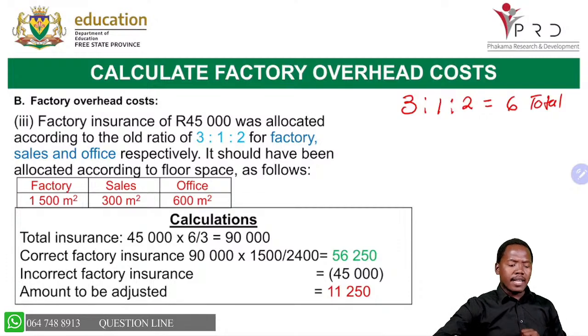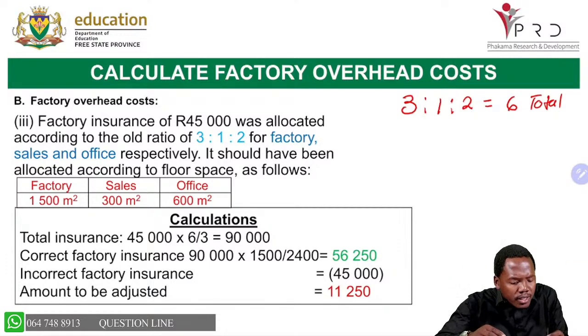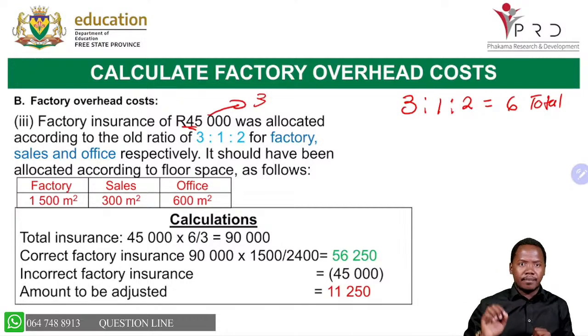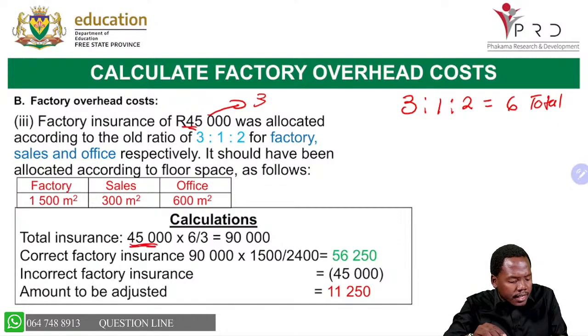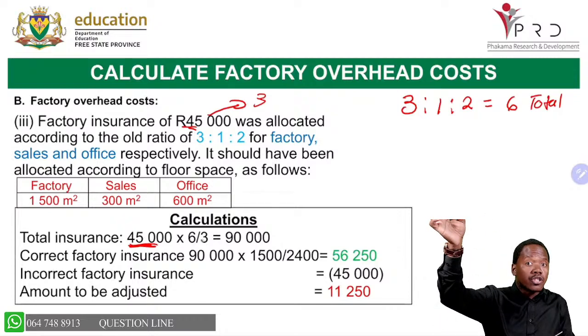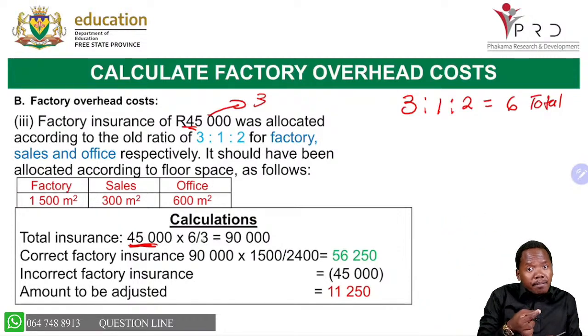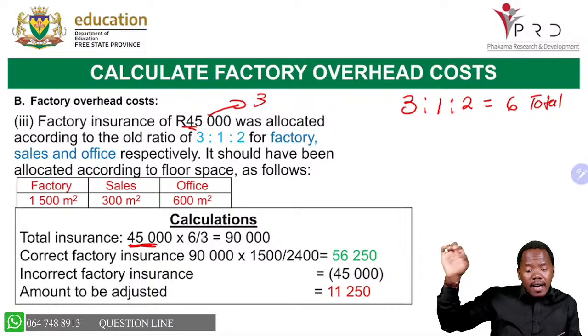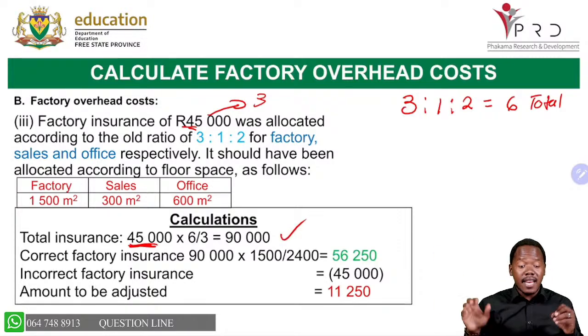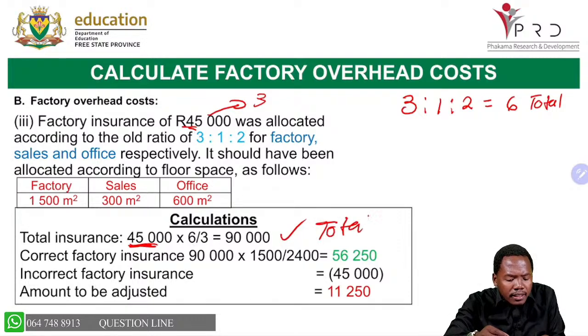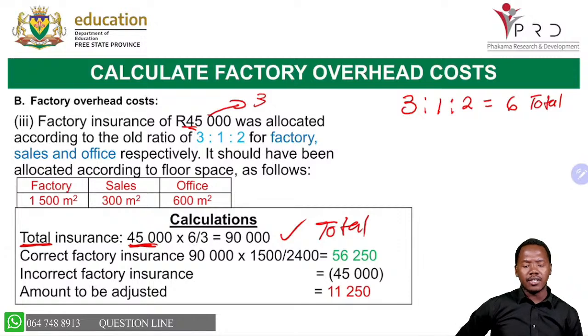Now, for us to go back and find out how much, because the 45,000 represent the ratio of 3. Let us first get the total. How do we do that? We take 45,000 multiplied by, remember the formula, what I want on top over what I have below. So it is 6/3. And then we get back the 90,000. So 90,000 is now the total insurance as stated here. Okay? Total insurance.